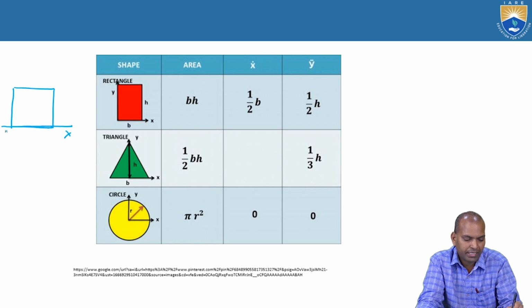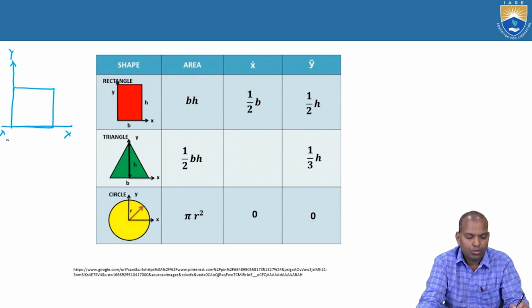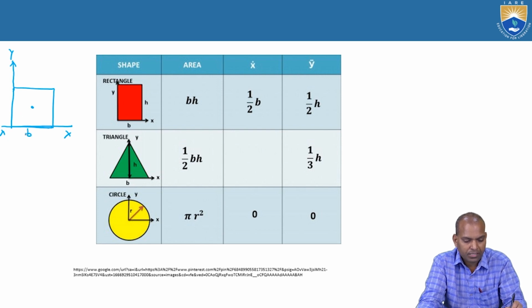One is axis X, another one is axis Y. It is the point through which, what is the distance of a rectangle? The base is B and H is the height. With reference to the x-axis, what is the centroidal distance here? It is H by 2, half of H. With reference to the y-axis, what is the centroid? That is B by 2, half.